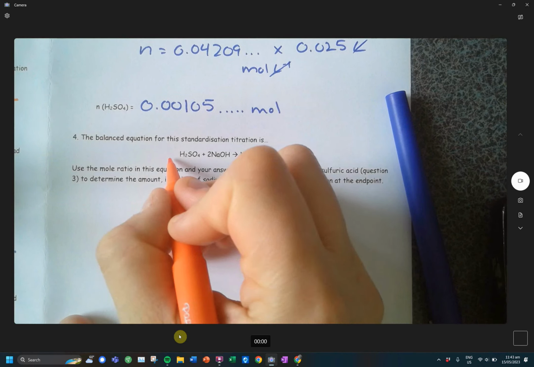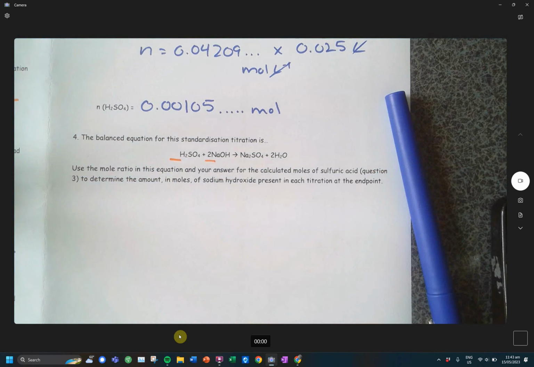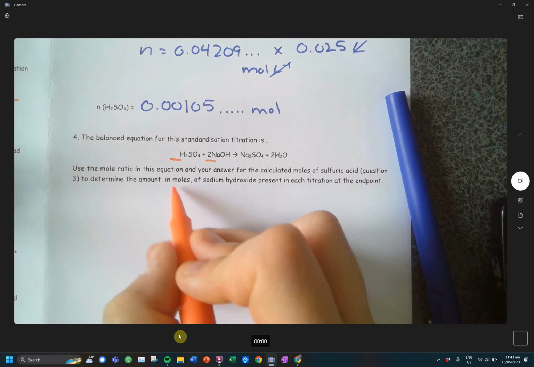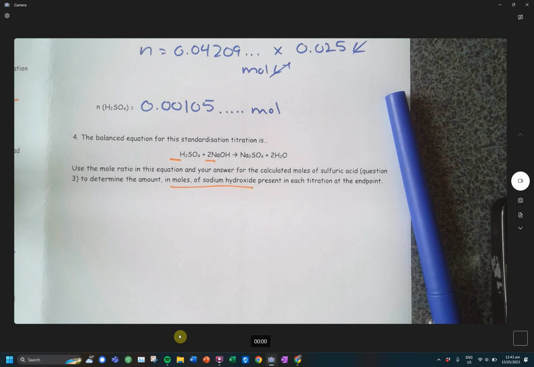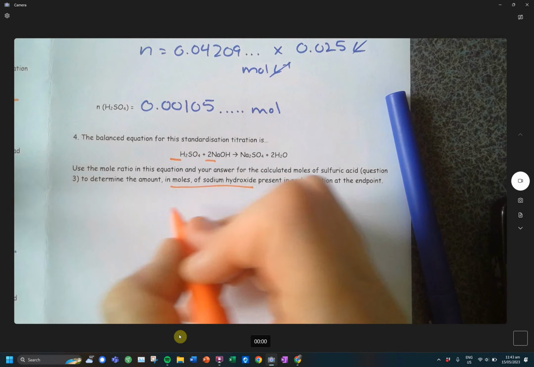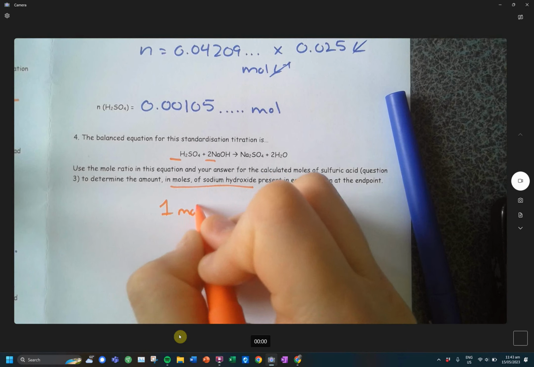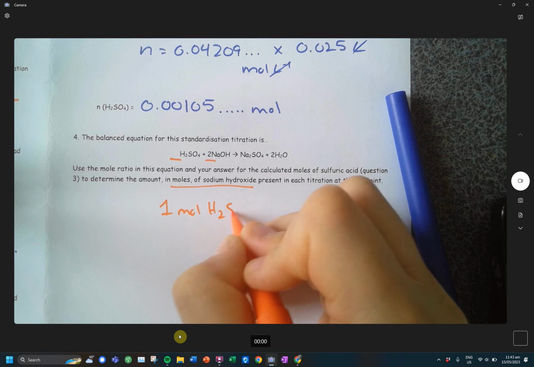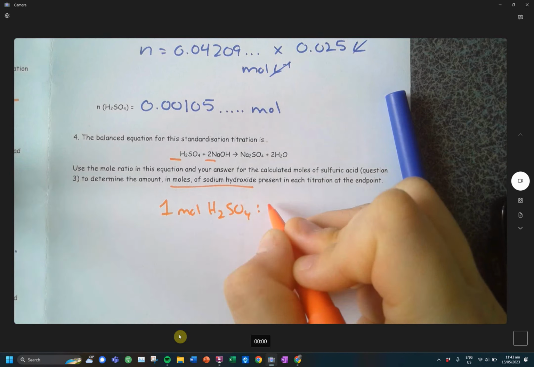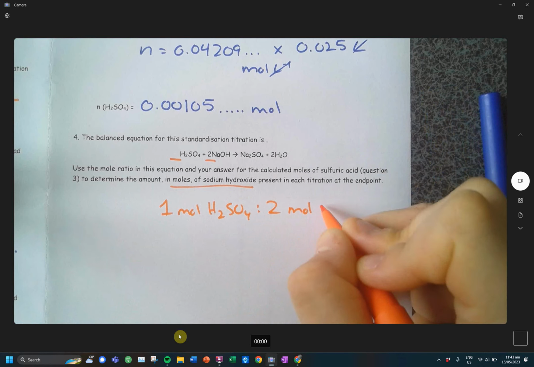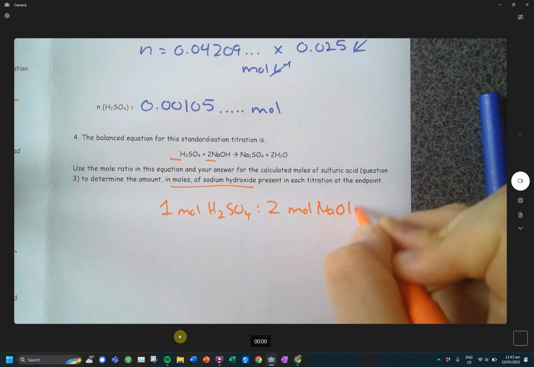You need to use these ratios to calculate how much of the sodium hydroxide you need in order for the neutralization to occur. So for every 1 mole of sulfuric acid, I would need 2 moles of the sodium hydroxide.